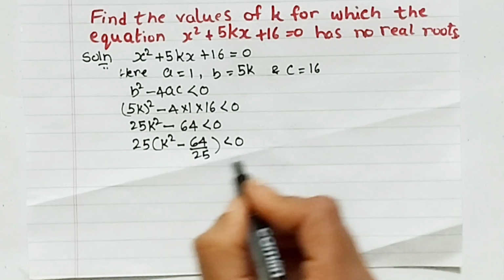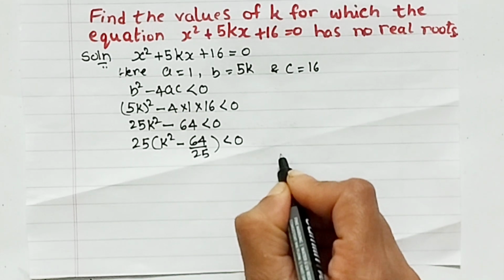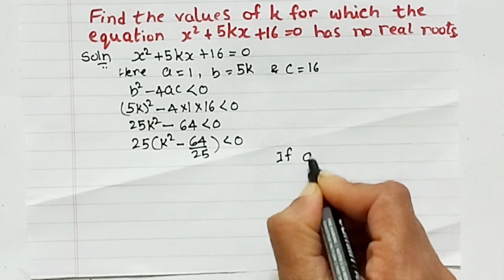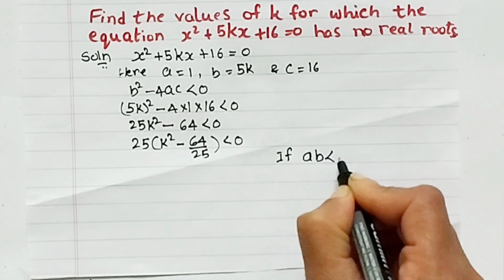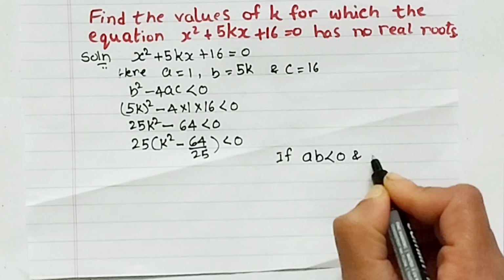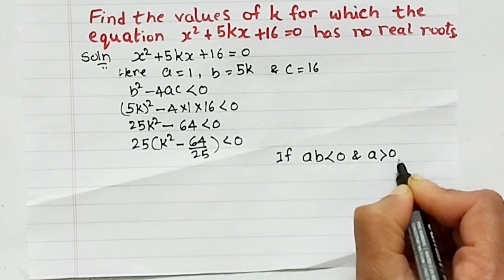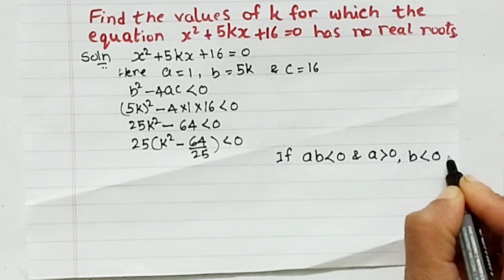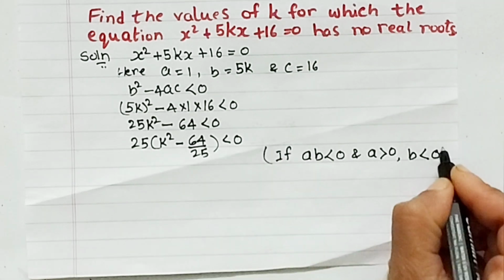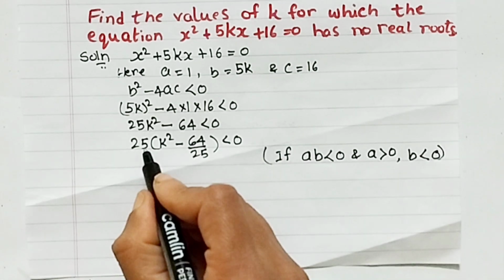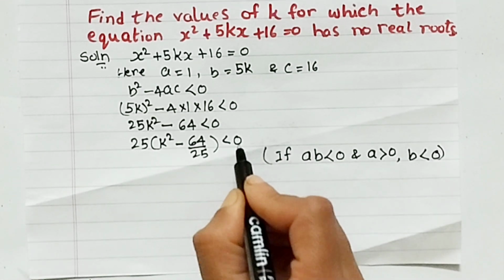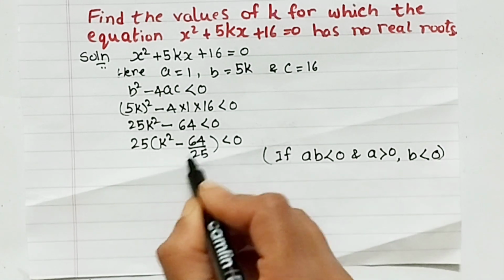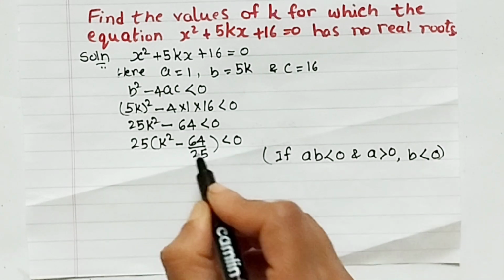Here there is one condition, that is, if AB less than 0 and A greater than 0, then B less than 0. Here 25 is greater than 0, and we can take the other factor as B, that is less than 0.